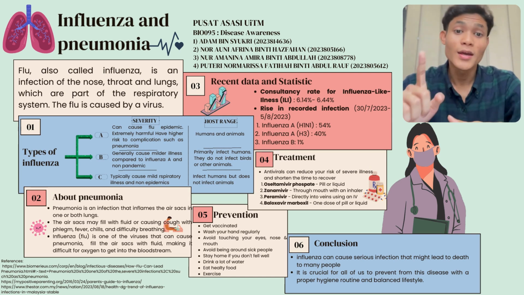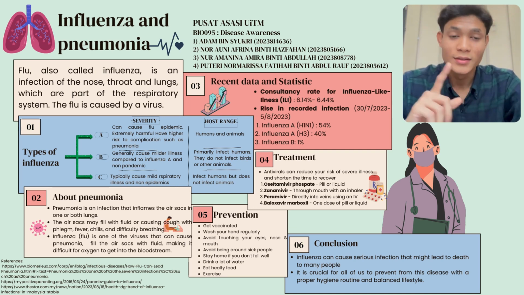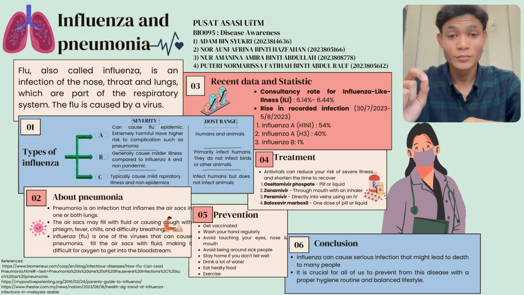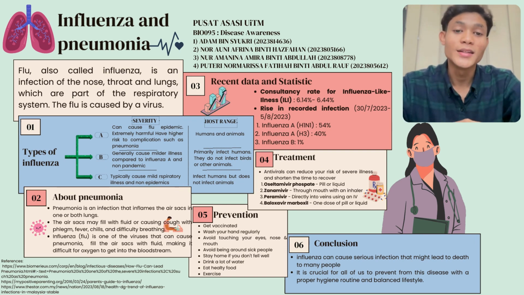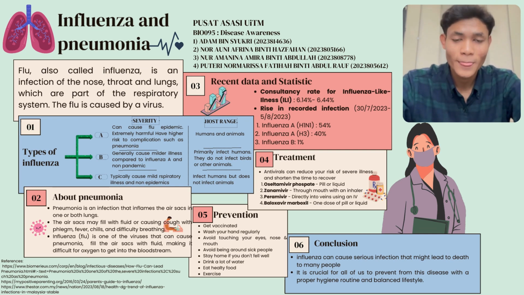The first antiviral that you can get is oseltamivir phosphate. These antivirals can be found in pill form or liquid form. You can find these antivirals at clinics, pharmacies, and also hospitals near your house.